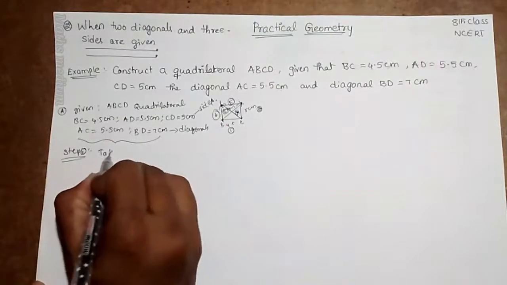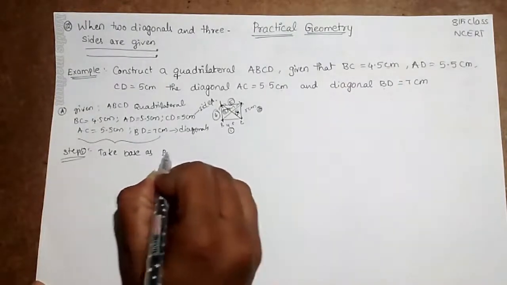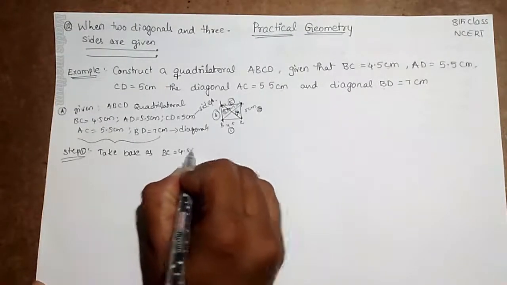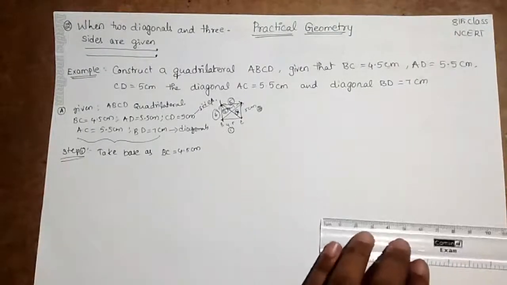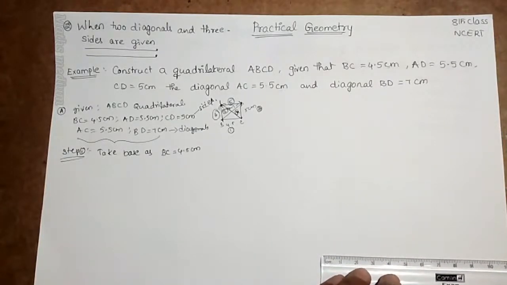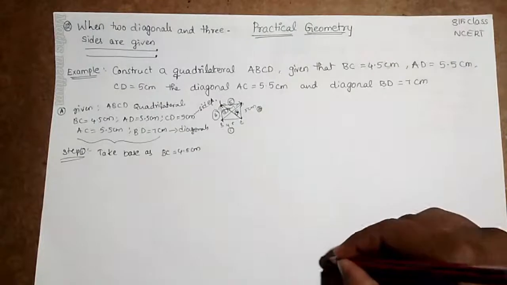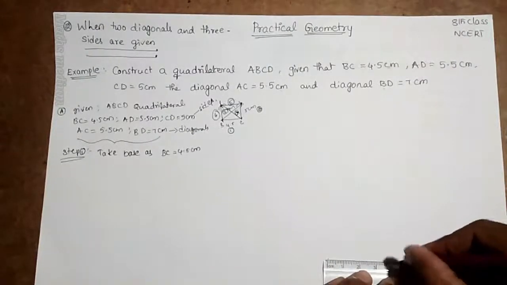Take base as BC, that is 4.5 centimeters. So let's take a base as 4.5 centimeters, right? So let's take base. This is point O and 4.5.